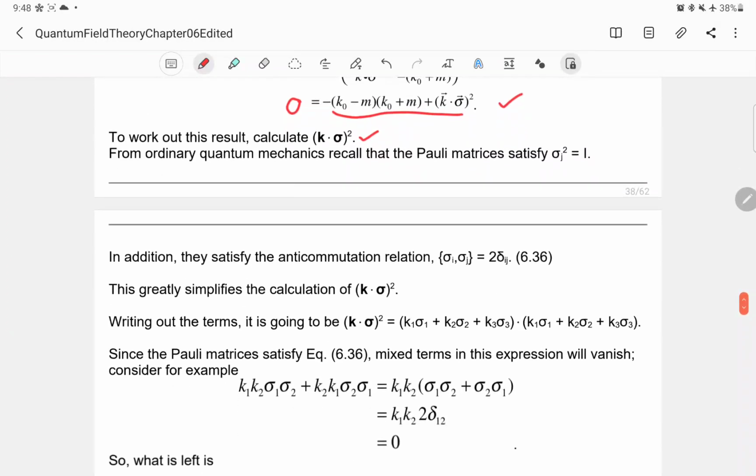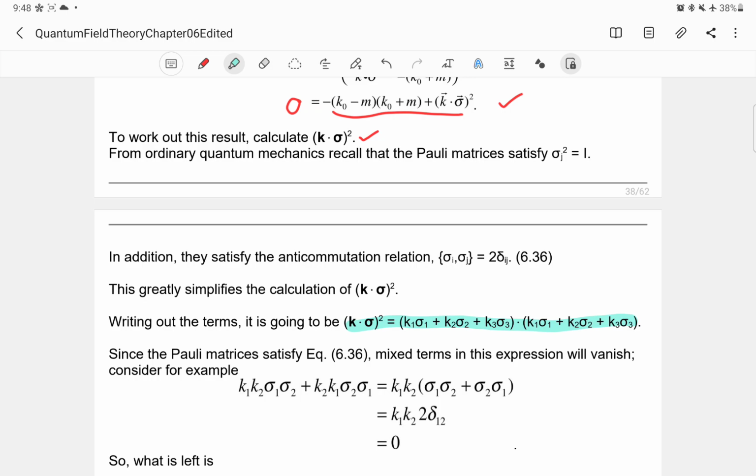If we do that, we can get the dot product of k sigma times k sigma, which is this one, k dot sigma I mean. So you have how many terms here? You have 9 terms, and of course each of these terms contains products of two k's and sigmas.